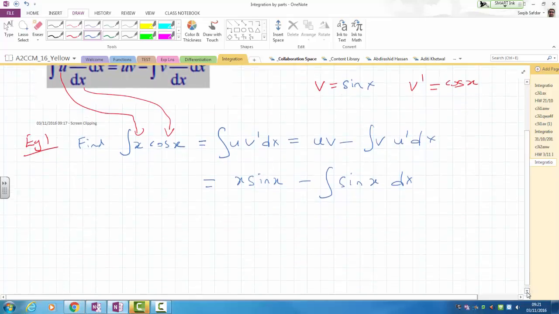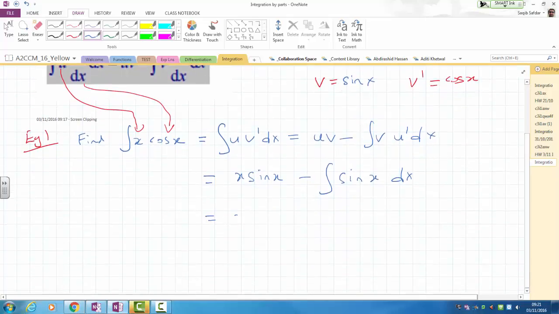And therefore, we can say x sine x take away the integral of sine x, which is minus cos x, plus c. Why? Because if you differentiate minus cos x, you get sine x. If you differentiate cos x, you get minus sine x.